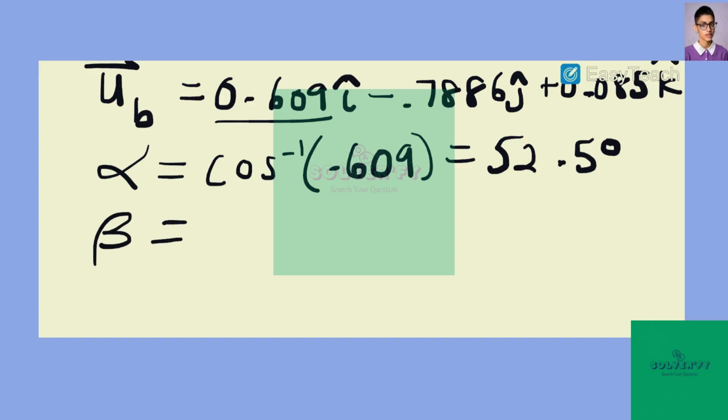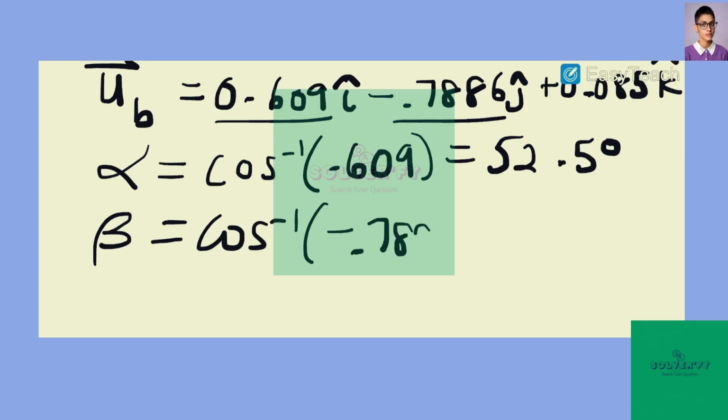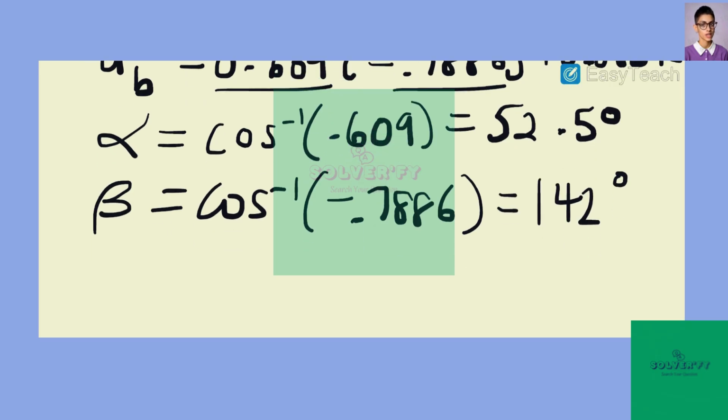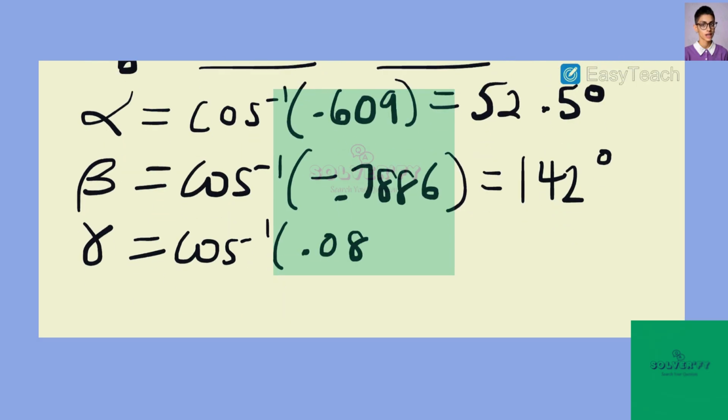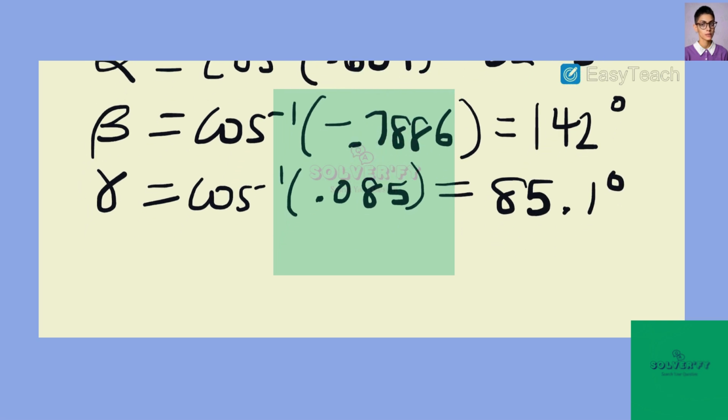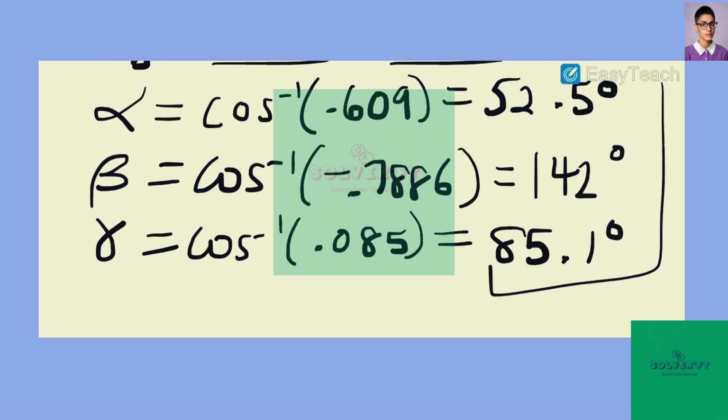Similarly, beta is going to be the inverse cosine of our j hat term, which is negative 0.7886, and this gives us a beta angle equal to 142 degrees. And lastly, our gamma is going to be the inverse cosine of our k term, so 0.085, which gives us a gamma angle equal to 85.1 degrees. That's it. And these right here are our final answers.